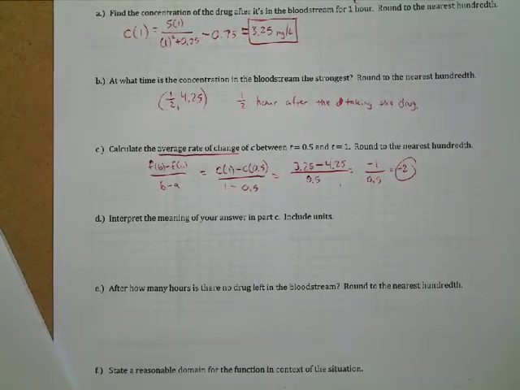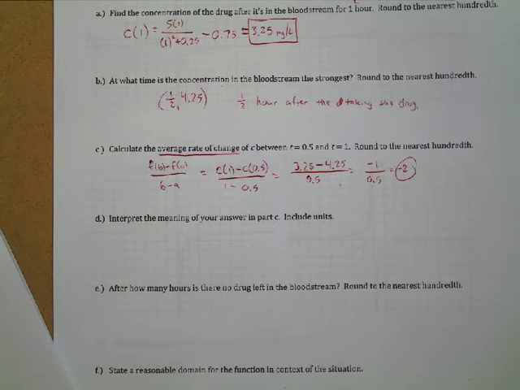I'll ask one more question here, Mike, then I'll get you, okay? Why does it make sense that we have a negative average rate of change here? What's happening that would indicate that we should have a negative rate of change? Drugs leaving your system, exactly right.